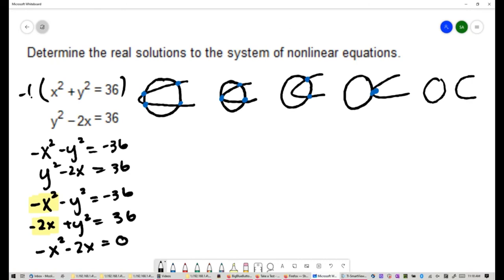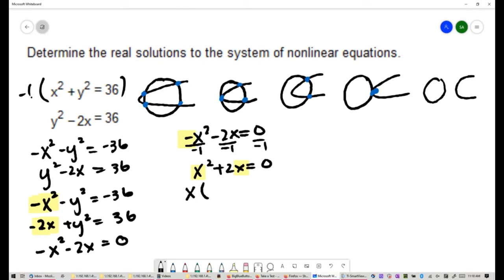I need to solve the equation negative x squared minus 2x equals 0. I never like leading with a negative, so I'm going to divide through by -1. And that would give x squared plus 2x equals 0. Now to solve this, I have only 2 terms, and I'm going to start by looking at what's in common. They both have x's, so I can factor an x out.